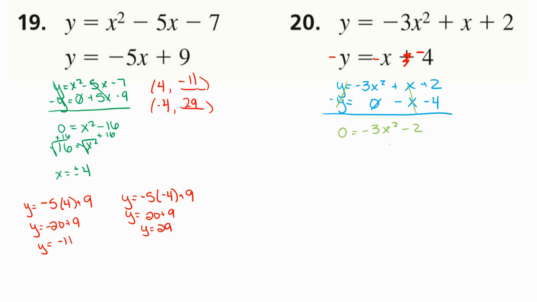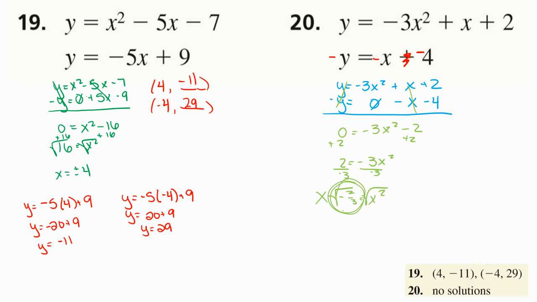Okay, so we still want to go ahead and solve. All right, so again, we're back here with a negative square root, which means no solution. All right, 4, negative 11, negative 4, 29.